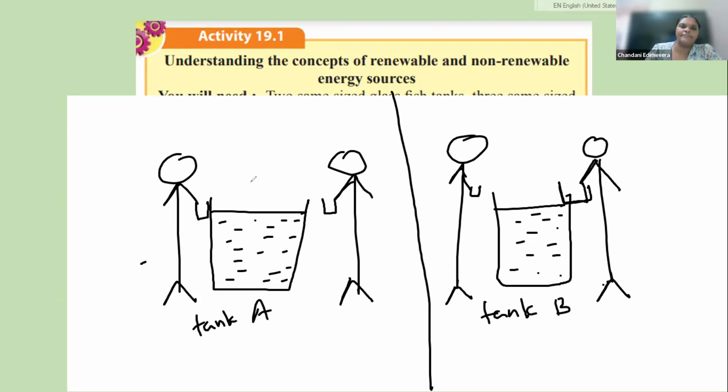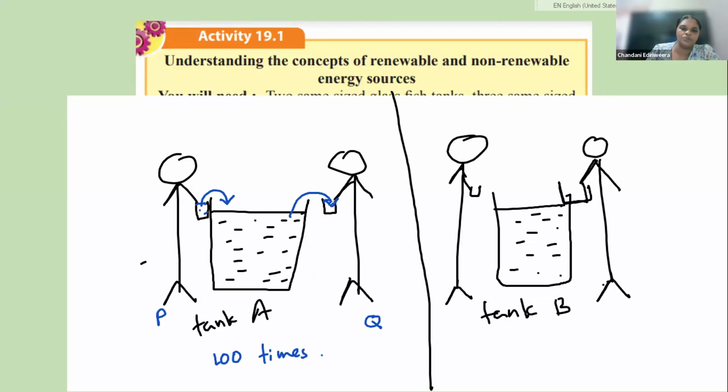Now, what this activity is, consider these students as P, Q, R and S. When the Q student is taking a cup of water out from tank A, P adds a cup of water into it. They are doing this 100 times. Hope you can understand.